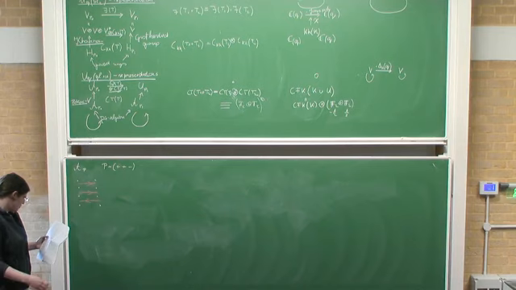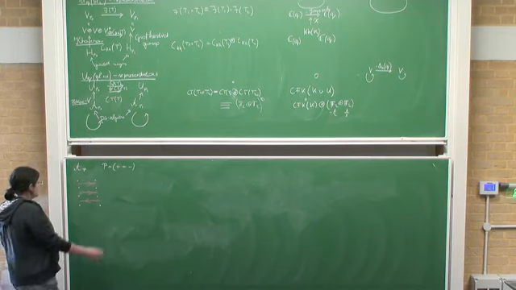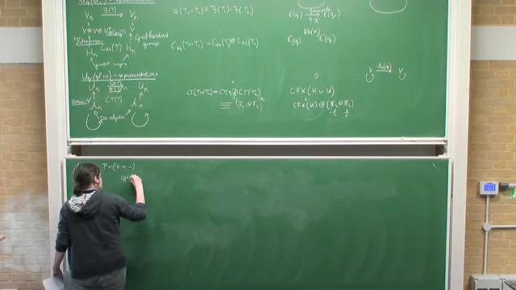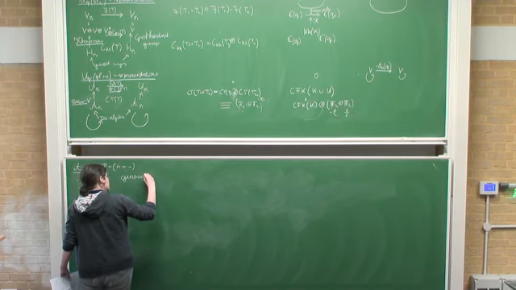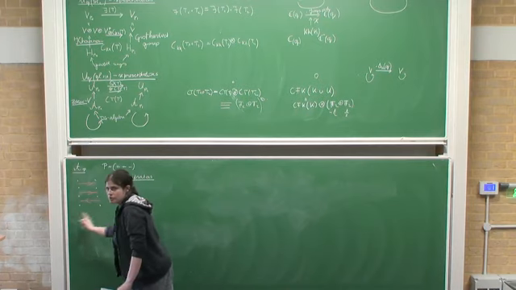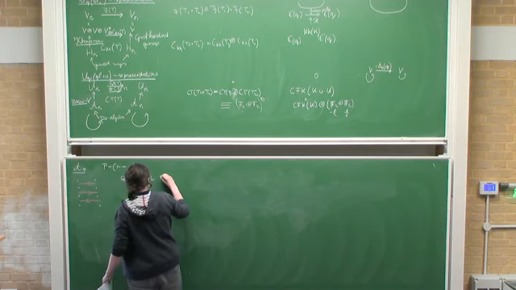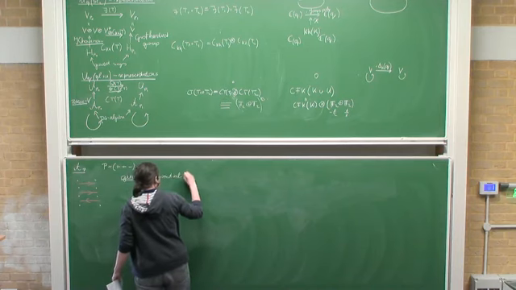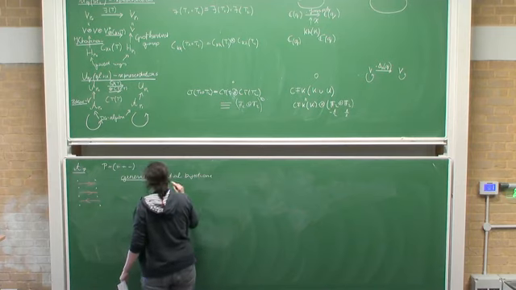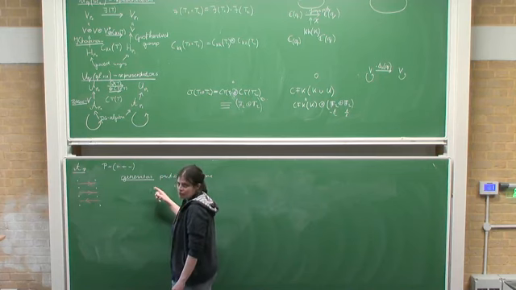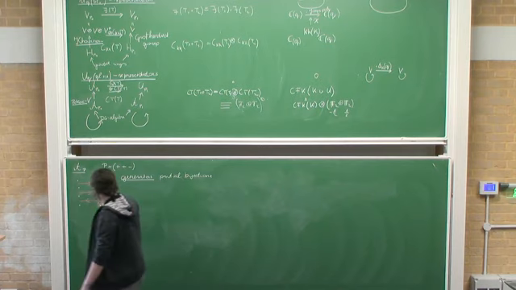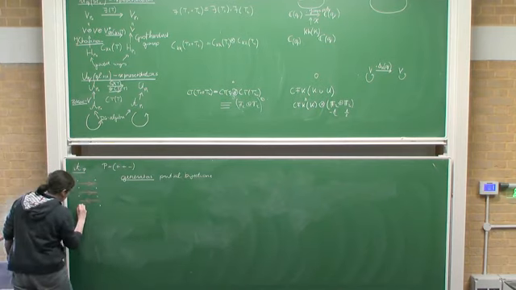And the generators of my algebra are going to be partial bijections between these two sets of points. So partial means that only some of them are paired, and then bijection means that the ones that are paired are paired one to one.